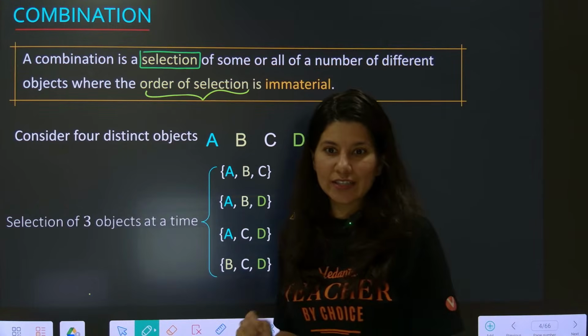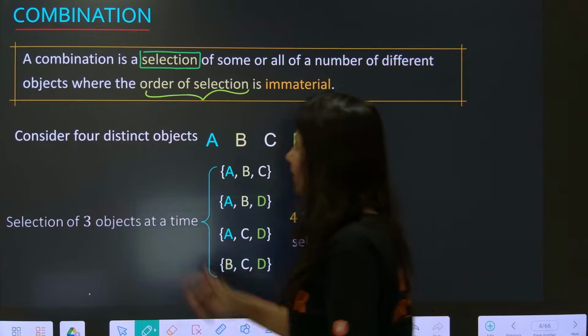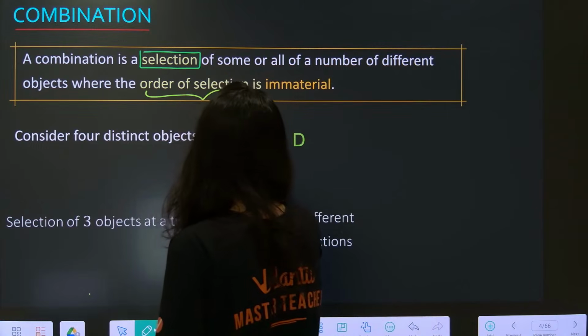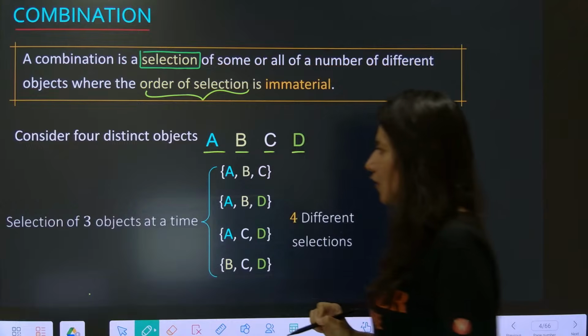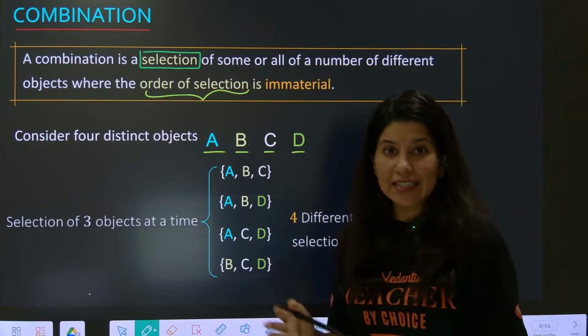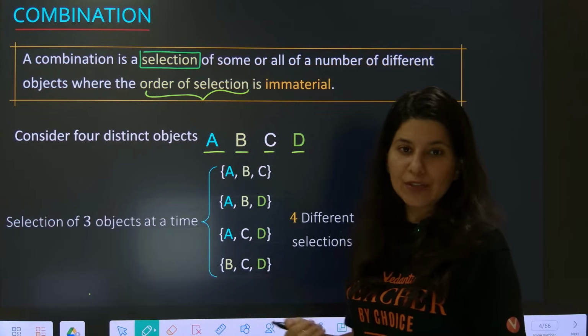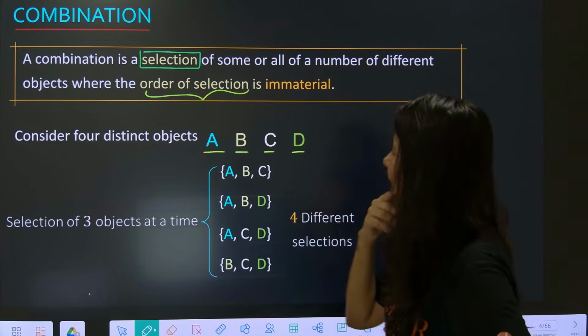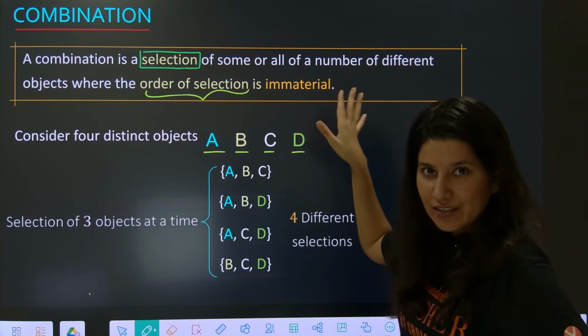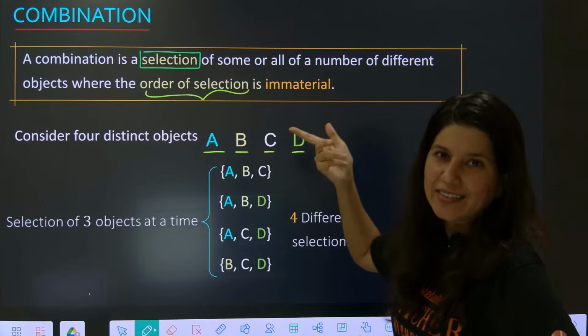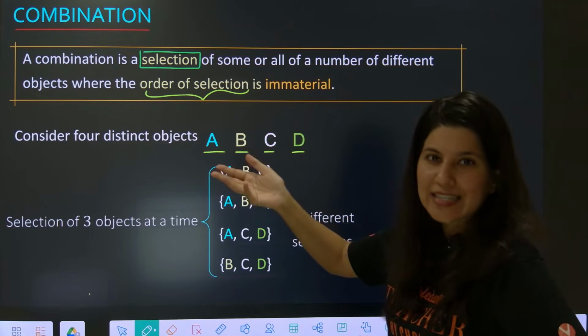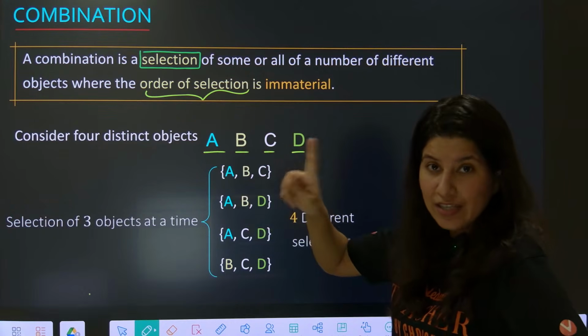Like this, consider 4 distinct objects: A, B, C, D. Now you have to select 3 out of these 4. You will select A, B, C and reject D this time. Selecting 3 means rejecting 1.